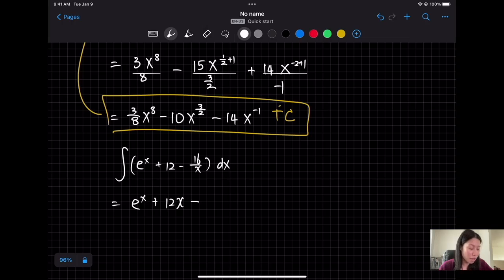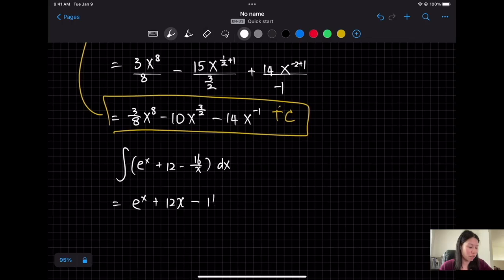And then minus, well, this one is probably harder. You can think about 1 over x. What will be the antiderivative of 1 over x? It's going to be ln of the absolute value of x. Don't forget to add the constant c.